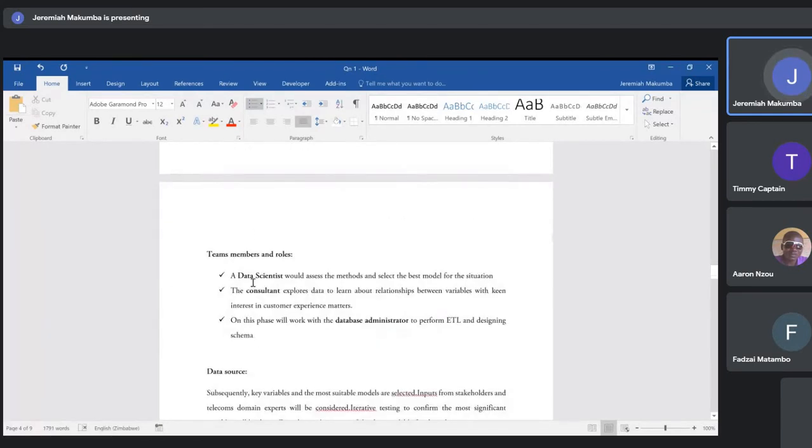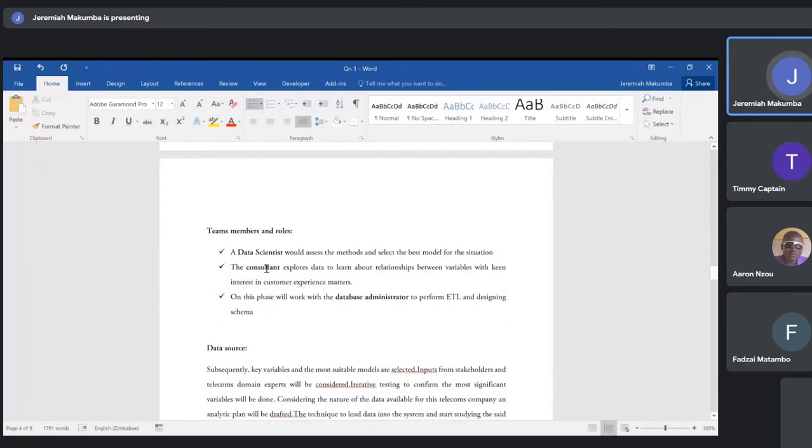Then team members: data scientists, consultants, and DBAs to perform ETL and design the schema. As we are going down here, some of the team members we are now reducing, so that they suit the stage which we are now applying for.